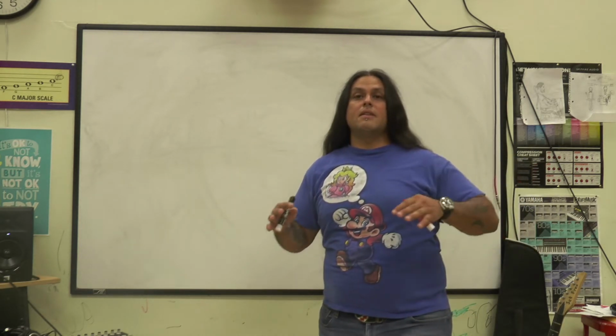The major scale, we're going to start with the note C. The reason we start with C is because we're going to look at a piano. It's very easy to visualize the major scale. In fact, the major scale is built into the piano in a really nice way. Starting on the letter C, all the white notes form the major scale.